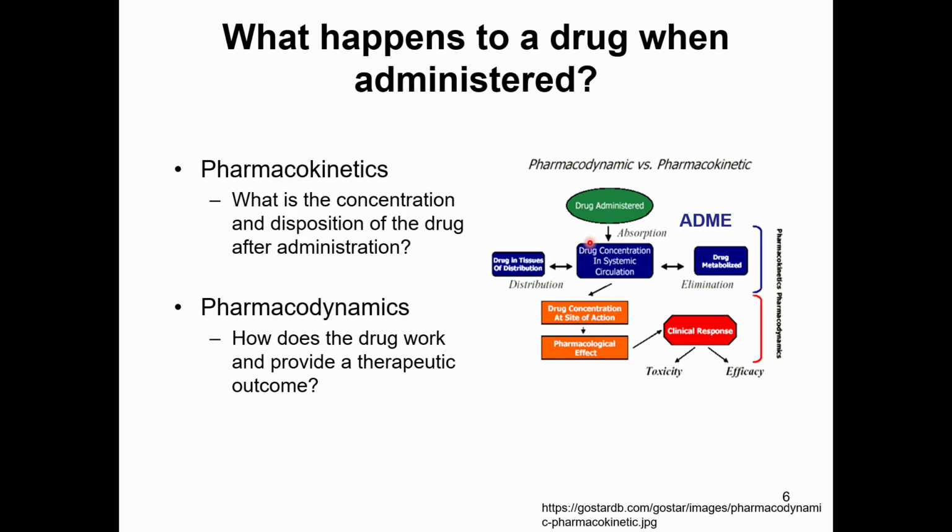Pharmacodynamics, in contrast, has much more to do with how the drug actually works at a molecular level, or at a cellular level, or a physiological level. So for instance, we would be interested in what is the drug concentration at the site of action.